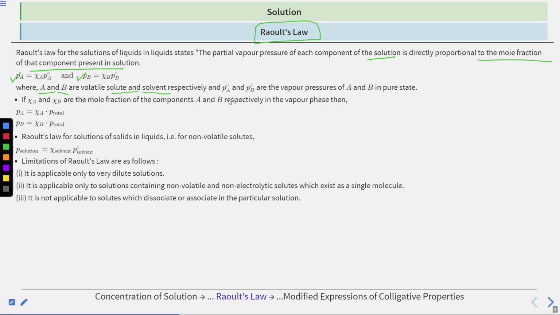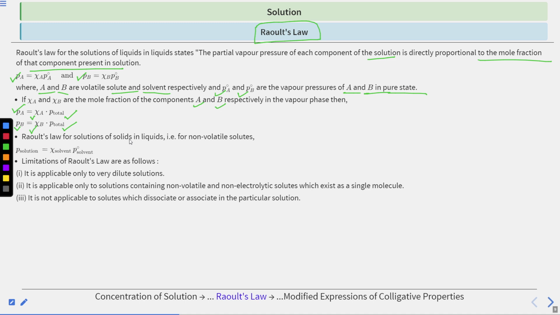It is mentioned here. And PA0 and PB0 are vapor pressure of A and B in their pure state. So if XA and XB are the mole fraction of components A and B respectively in the vapor phase, then PA equals mole fraction of A into P total, that is total vapor pressure of the solution, or PB equals mole fraction of B into total vapor pressure of the solution.